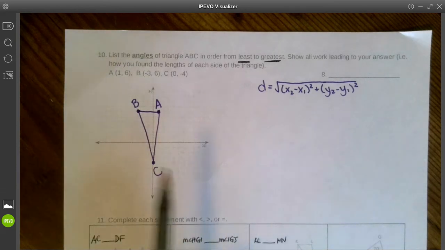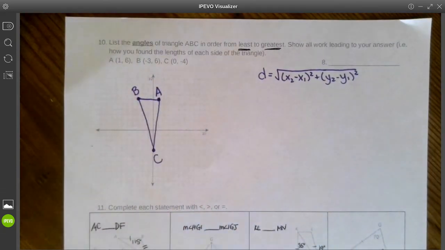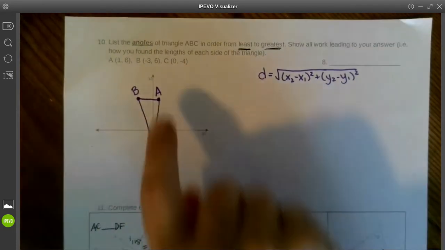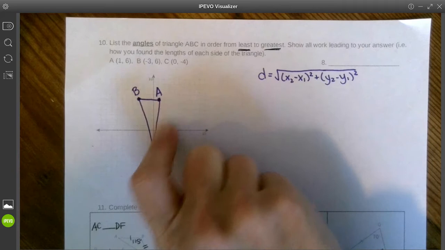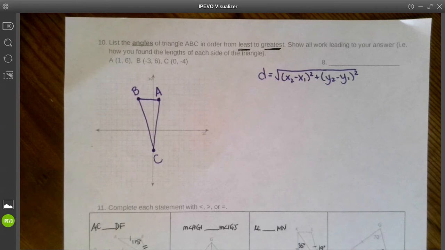So to save some time, I went ahead and graphed the triangle on the coordinate plane. I obviously can't find the measures of these angles unless I used a protractor. But what we're going to do is compare the lengths of the sides in order to figure out how the angles compare.